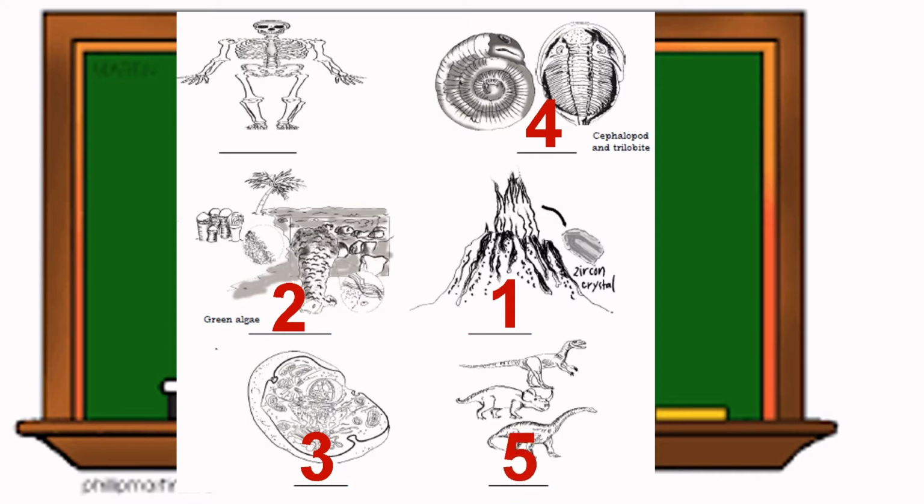The fifth one is the picture with the dinosaurs. And lastly, the sixth is, of course, the appearance of humans. Have you answered it perfectly? Very good.